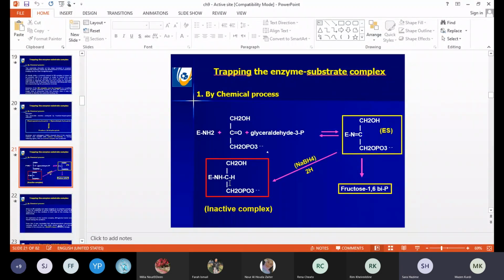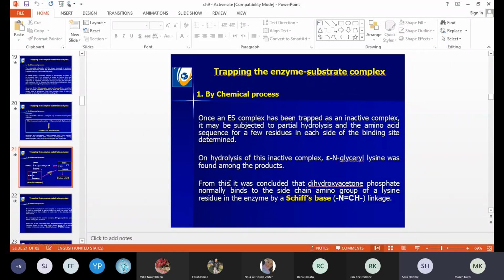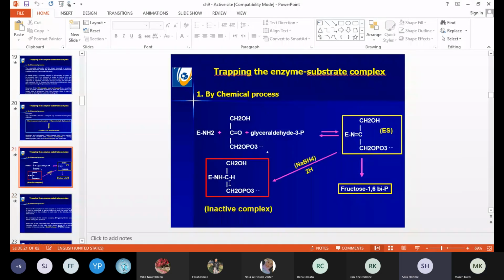And using this method, a lot of enzymes or amino acids involved in the active site of enzymes were identified. So by chemical process, we can identify some amino acids involved in the binding site with the substrate by using reducing agents, more specifically NaBH4.